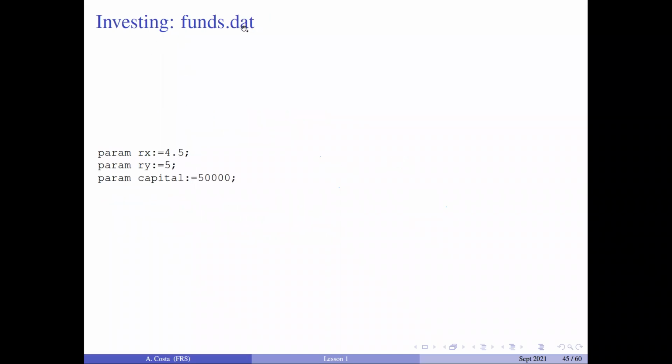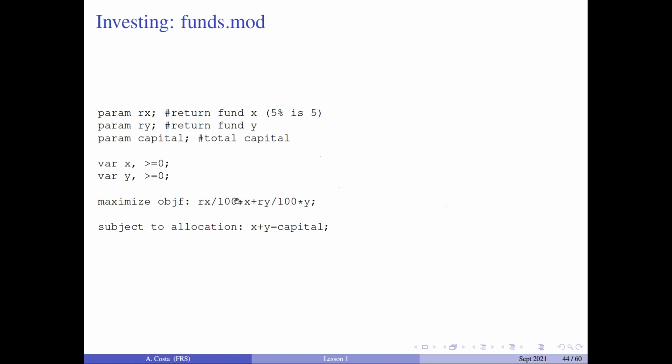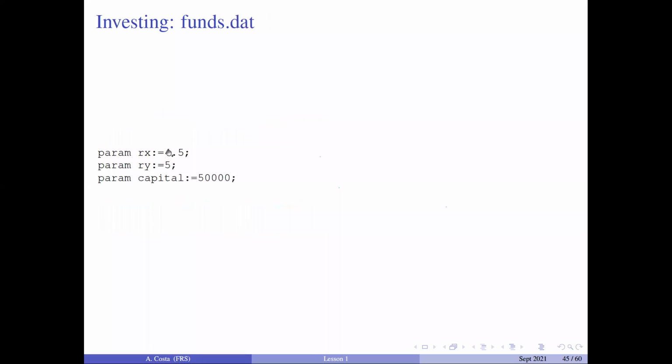What about the data? Well, we have Rx, the return of fund X, is equal to 4.5, RY 5, and capital 50,000. So this is the data file. Now, again, I could have written here 0.05 or 0.045 and not having had the 100 here is exactly the same, okay? I could even have written the value of the parameters here, like param Rx default 4.5.